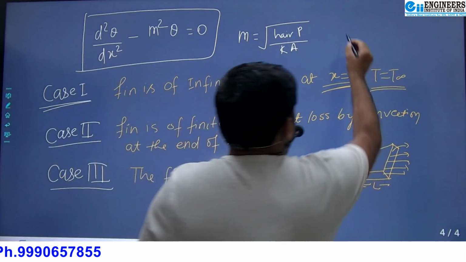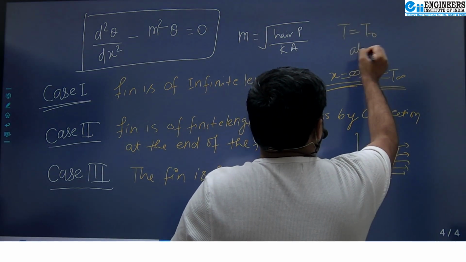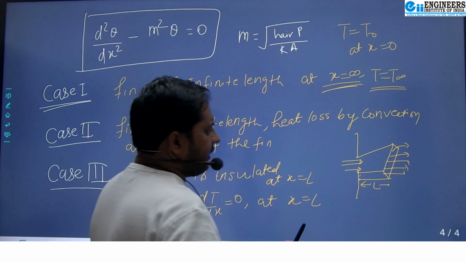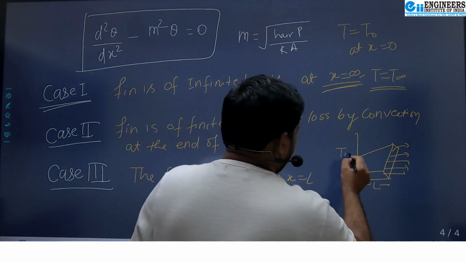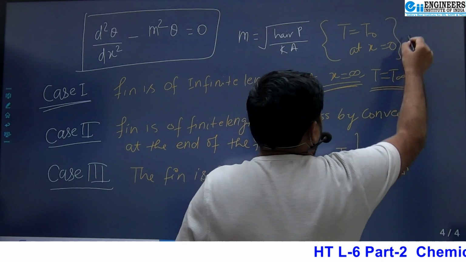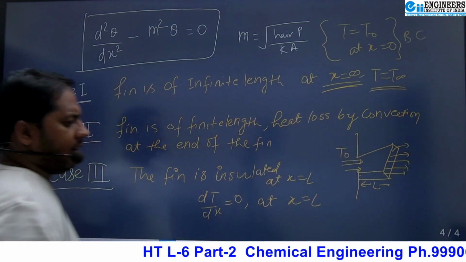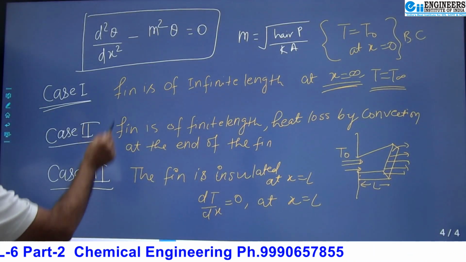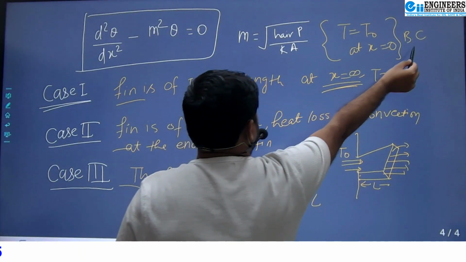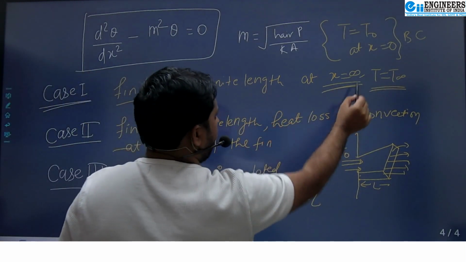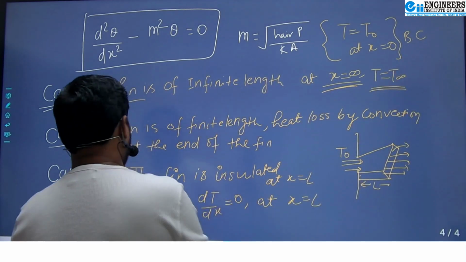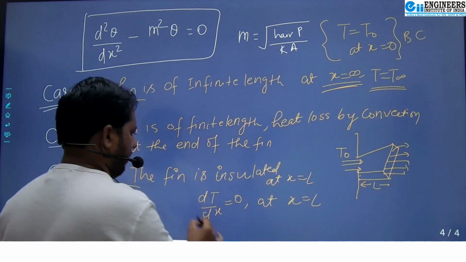Because T equal to T0 at x equal to 0 is already maintained, as we said at the start of the chapter that at the base the temperature is T0 at x equal to 0. So this boundary condition always remains the same for each case, and the second boundary condition is achieved by these statements. For case 1, the first boundary condition is this and the second is this. Similarly for case 2, the first is this and the second is this statement. Similarly for case 3, the first is this and the second is given here.